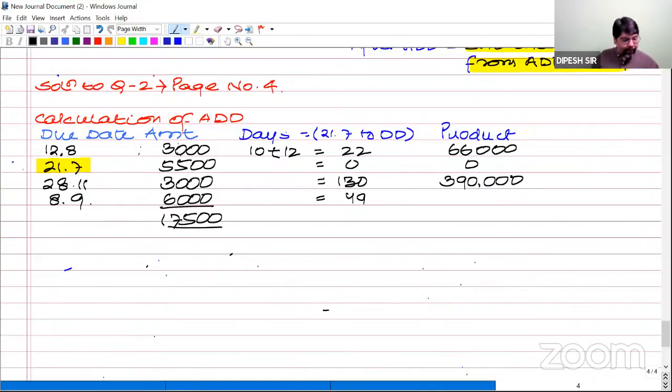Then 6,000 into 49. Total, 3,90,000 plus the rest. Correct? Yes, sir.